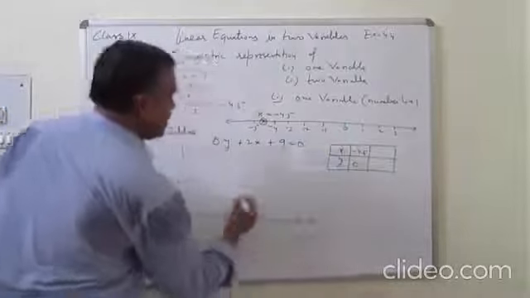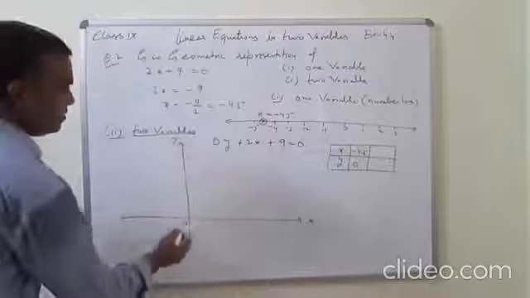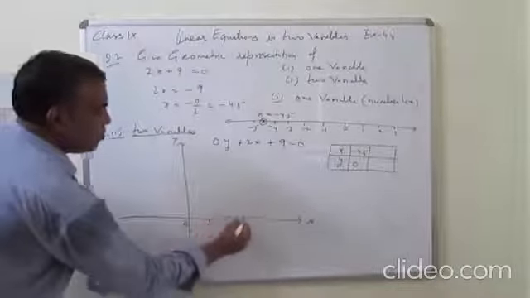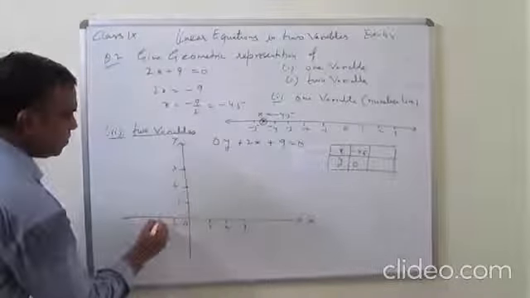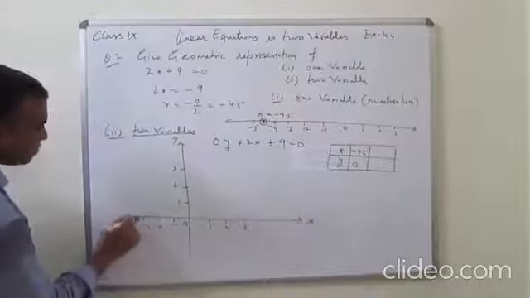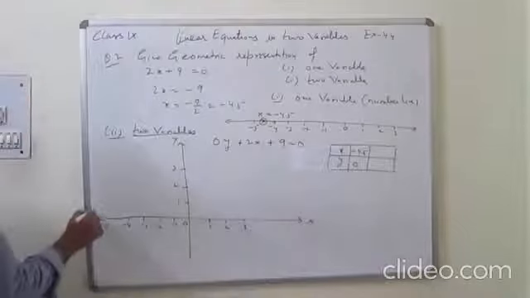This is x axis, this is y axis, this is origin, and scale is 1 centimeter is equal to 1 unit. 1, 2, 3, 1, 2, 3, minus 1, minus 2, minus 3, minus 4, minus 5. This is x dash.